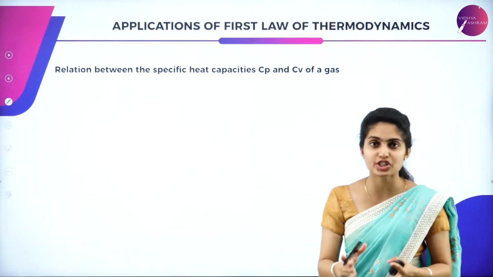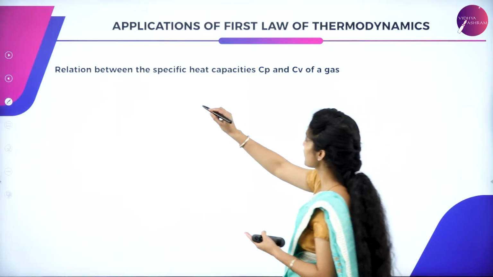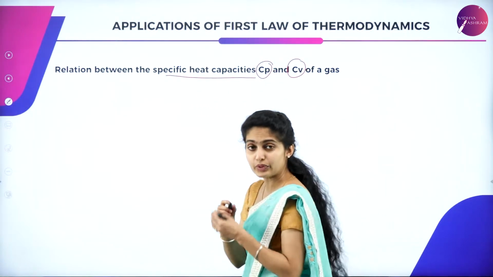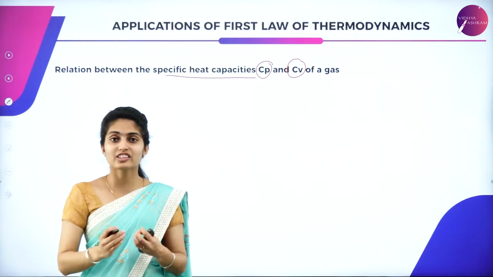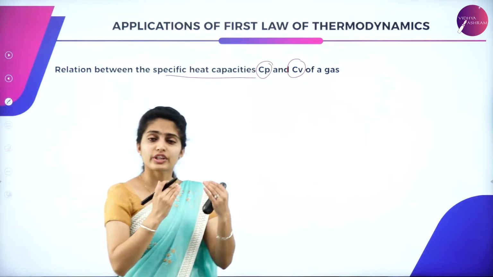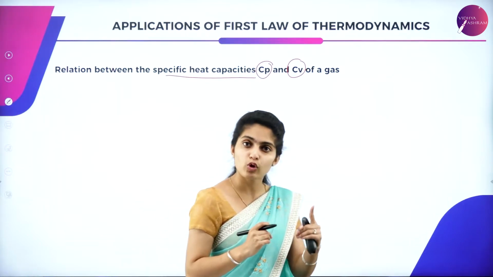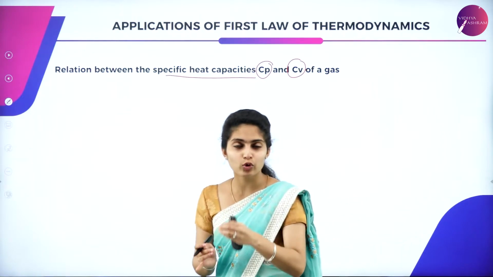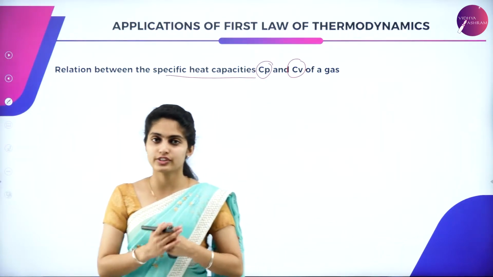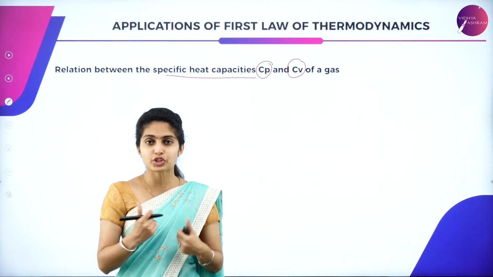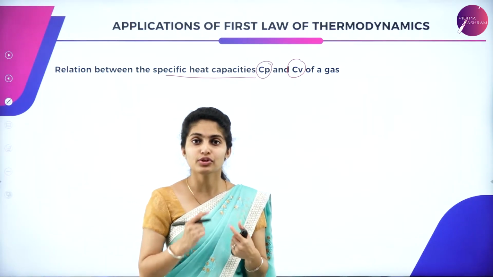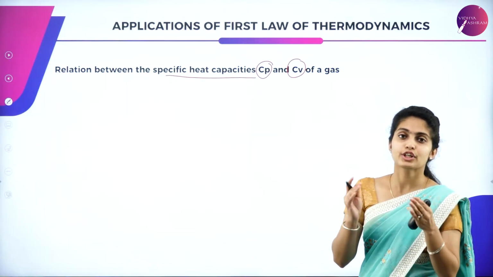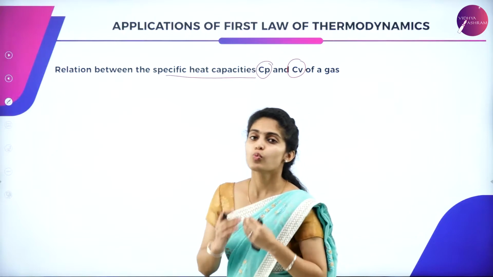So what is the relationship between the specific heat capacities, that is Cp and Cv of the gas? Here we see the relation between the specific heat capacities. We just consider 1 mole of a gas, heat it at constant volume, again take 1 mole of a gas, heat it at constant pressure. So what do we see? We give importance to constant pressure and constant volume, and we supply heat to 1 mole of a gas.